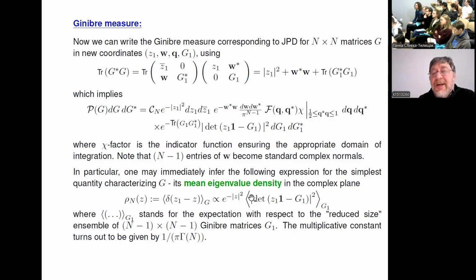So we see that basically we get the following representation: up to a factor exponential minus Z squared, the mean density coincides with the expectation of the modulus squared of the characteristic polynomial of a Ginibre matrix of size n-1 by n-1.